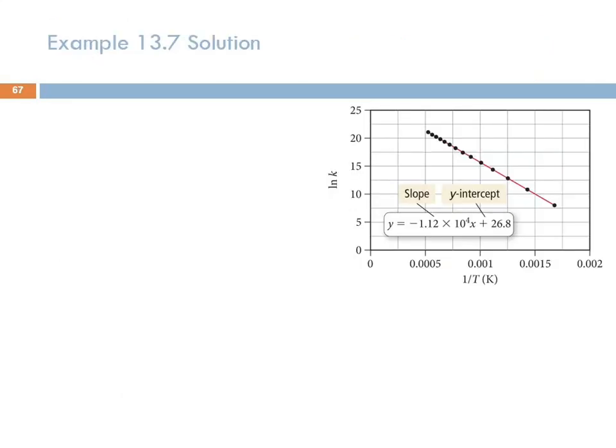When we do that and graph it, we get a plot that looks like this. We've got this nice straight line, and the program will give us the equation for that line. And now we need to find out what's the activation energy and what's the frequency factor. Well, what does the slope equal? Well, yeah, the value's there, but what is it in terms of the equation?